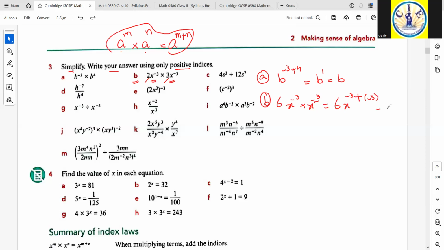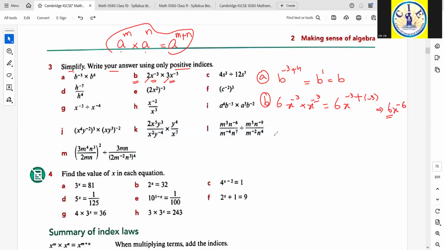So I'll be getting x raised to power negative 6. 6x raised to the power negative 6. You need to see that this negative 6 is just the index of x, and this 6 is occurring as a coefficient, as a multiple of x variable.